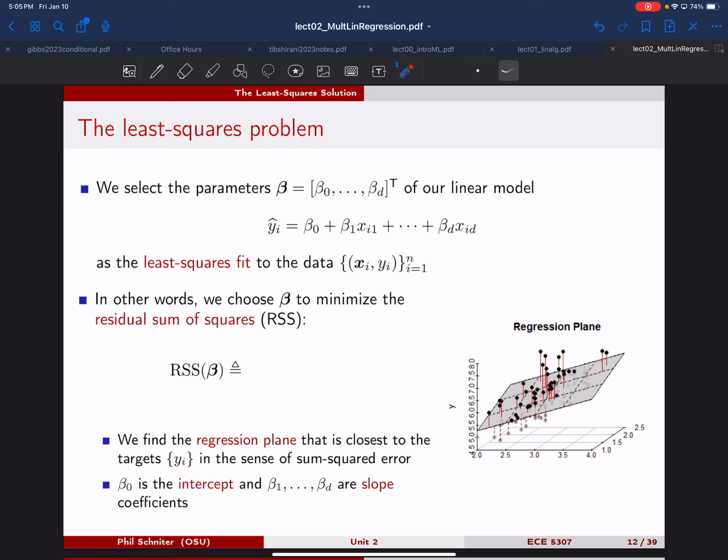And there's many ways to do this, but we're going to find the beta that minimizes the sum of the squared errors, or in other words, the sum of those residuals that we defined earlier, epsilon i. Our objective is to make y i and y hat i as close as possible, but we have to consider that we have many i's. So here we're just going to sum them or treat them all equally.